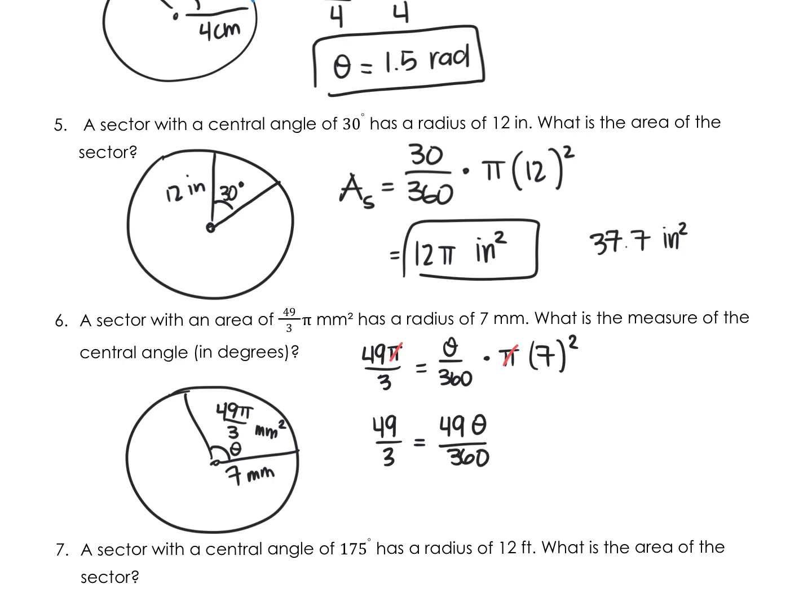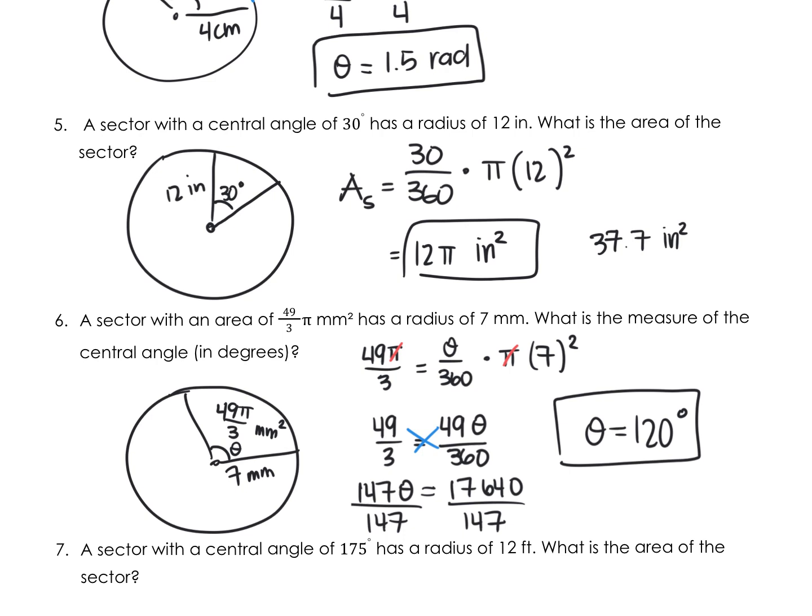Now I'm going to cross multiply. 49 times 3 gives me 147 theta equals 49 times 360, which is 17,640. Then I divide by 147, and theta is 120 degrees.